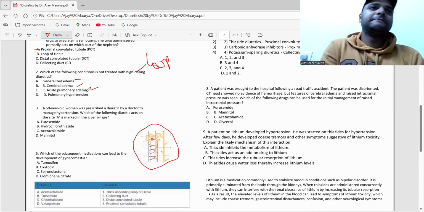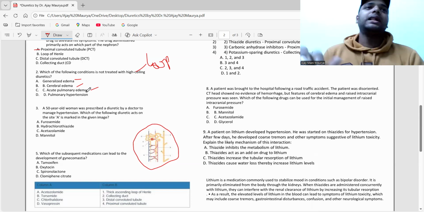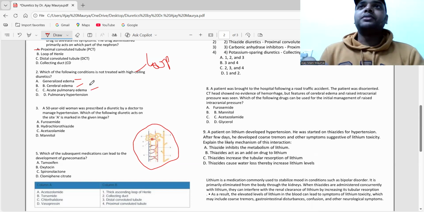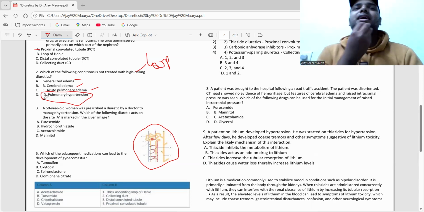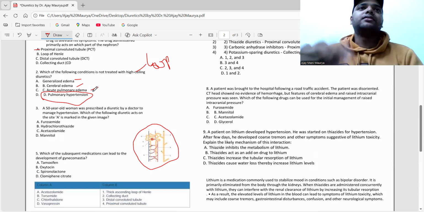But see here, according to the options given, is it used in the treatment of pulmonary hypertension? No. We have drugs like sildenafil, which are prescribed for the treatment of pulmonary hypertension.